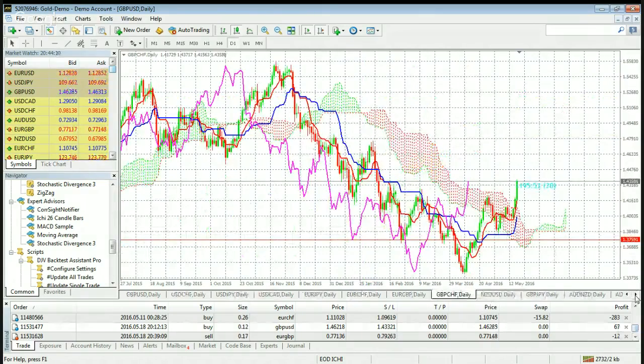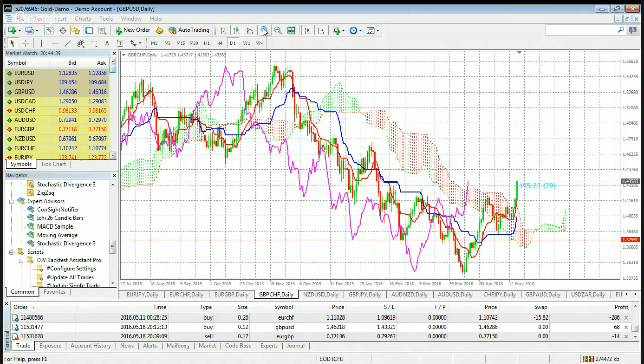Right. So let's have a look at the next one. Here we have another one. Pound franc. What has happened here? Now with this one, Kumo break, right?